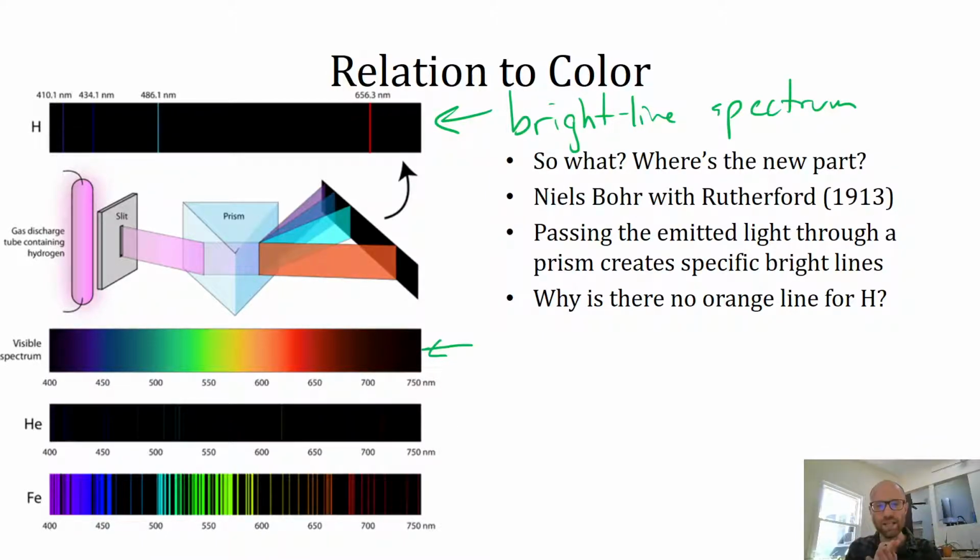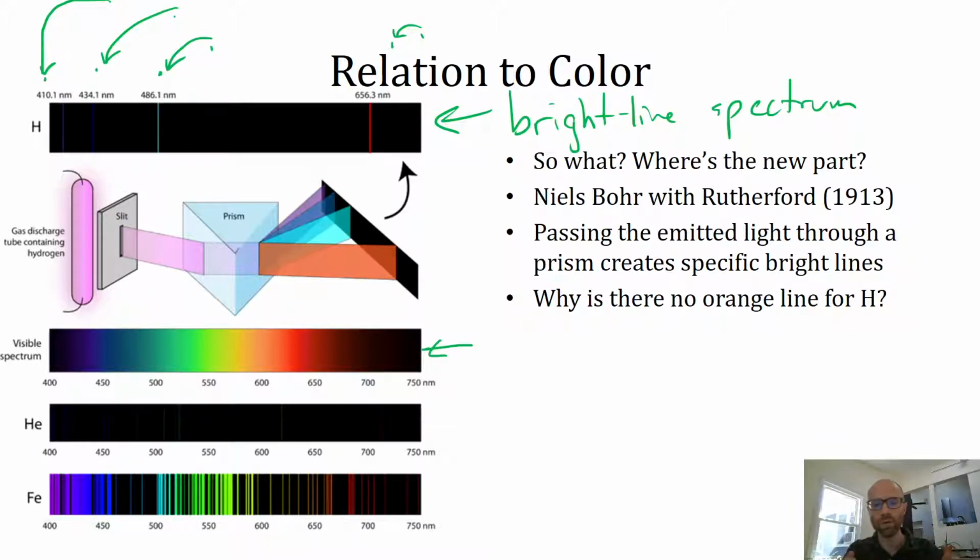This is what the work of the scientists Niels Bohr and Ernest Rutherford, the same Rutherford, who all kind of worked together for about 10 years, really found that was interesting. Looking at those specific colors of light, if we relate all of this all the way back to location and electrons, each of these corresponds to a different size jump, with the purpler light being larger and larger jumps, closer to your nucleus.